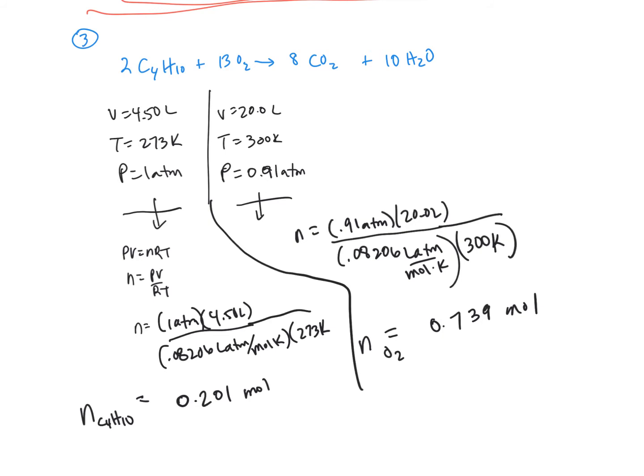All right, now the next step is to figure out which one is the limiting reactant. And the problem is asking what's the pressure of carbon dioxide and water, so both products here. And then for the total pressure, you're going to have to get the leftover reactant and add that in there as well. So first we just want to get the pressures of CO2 and water. You can pick either one.